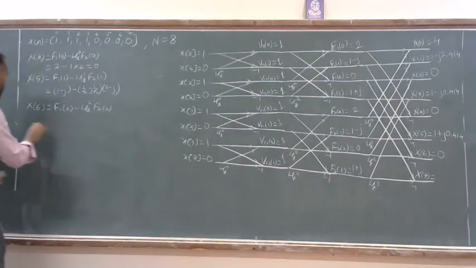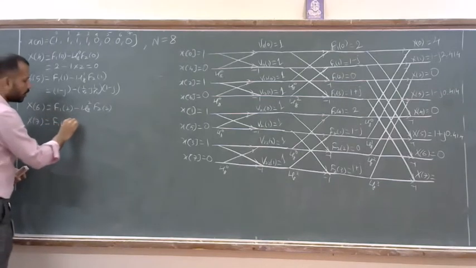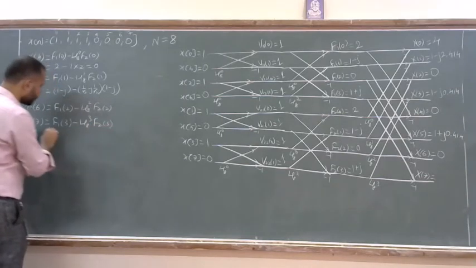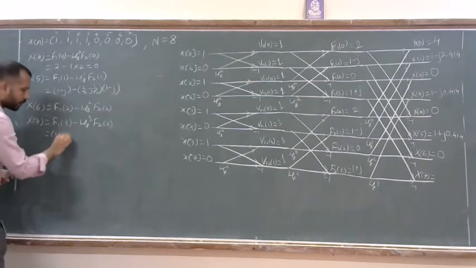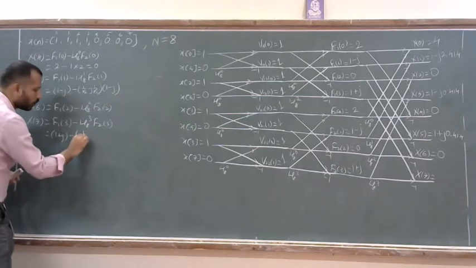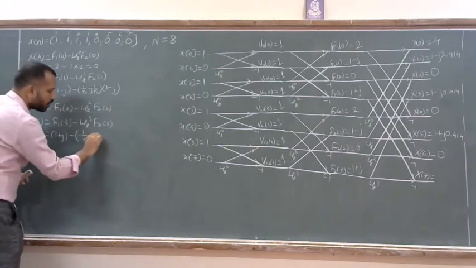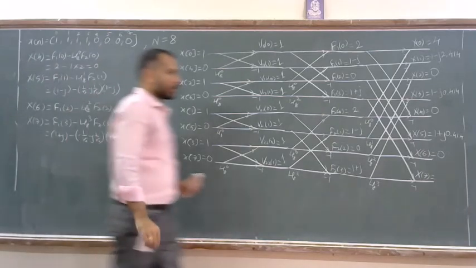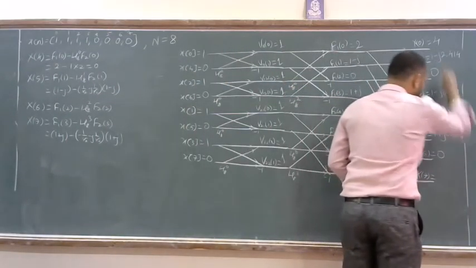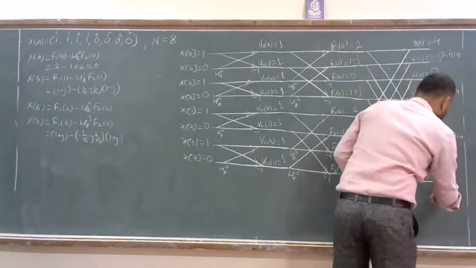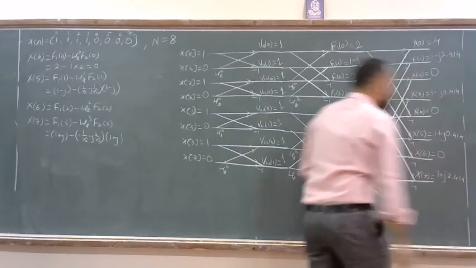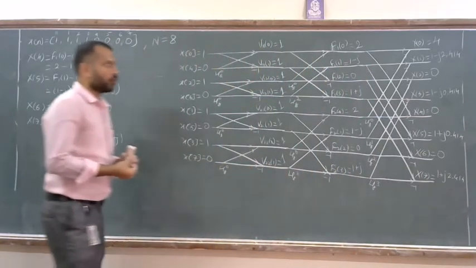And likewise, the last value, the 8th DFT point, will be f1 of 3 minus W8^3 f2 of 3, which will be 1 plus j minus of minus 1 by root 2 minus j 1 by root 2 multiplied by 1 plus j. Simplify that, it has to be the complex conjugate of the second DFT point, which will be 1 plus j 2.414.